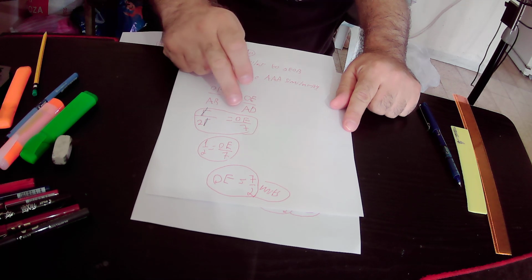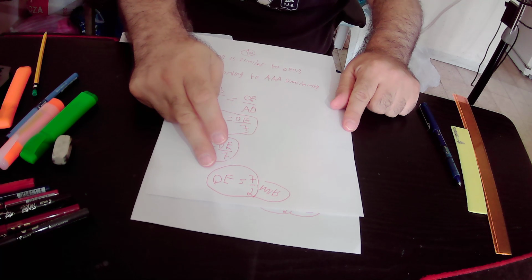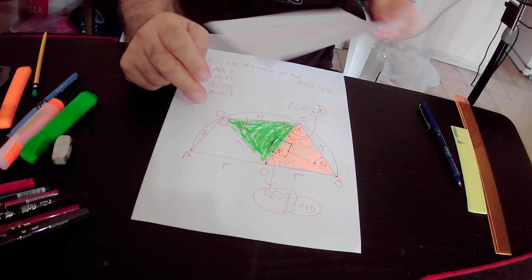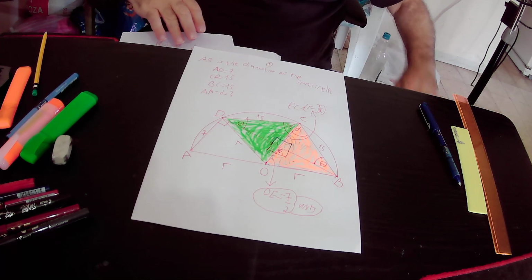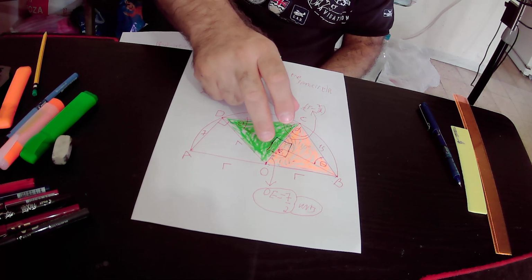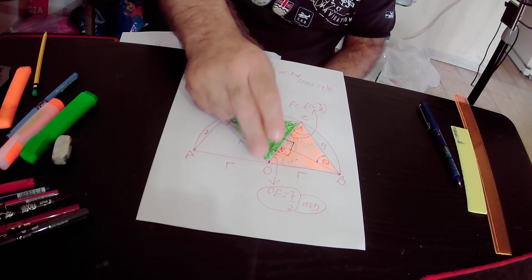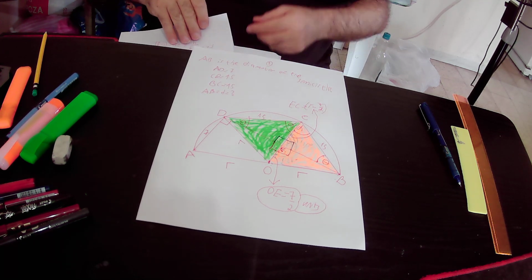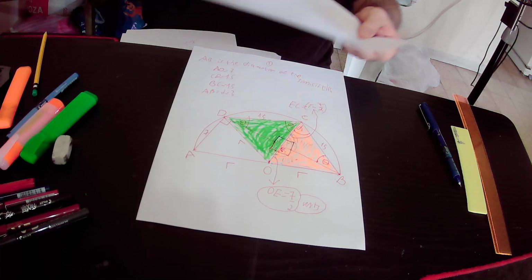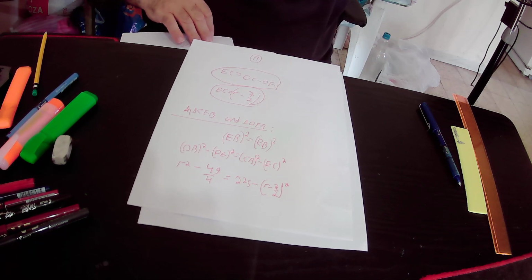Then we multiply this equality by 7, and we find that the value of OE is 7 over 2 units. Then what is the value of EC? EC equals OC minus OE.